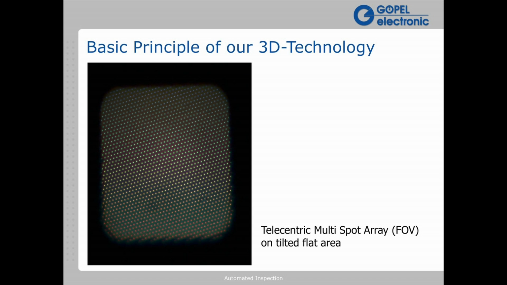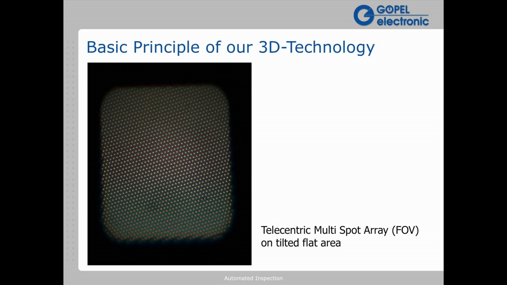This image that you see before you here is actually a projection of those white light spots onto an angled piece of paper. The piece of paper is angled away from us. And as you can see, you can note a color shift as we move across the surface of the paper.